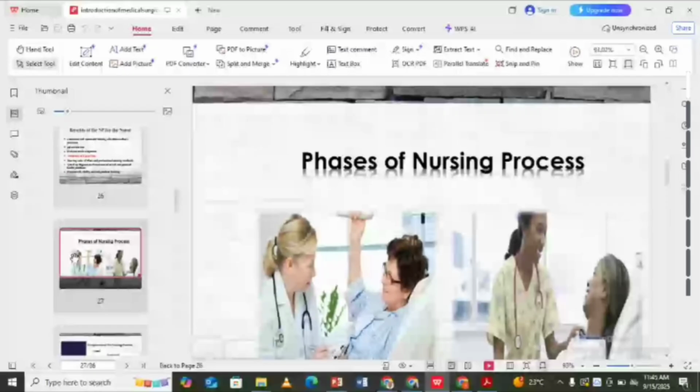The phases of the nursing process. I believe we know them, right? The phases of the nursing process. Who can tell us?